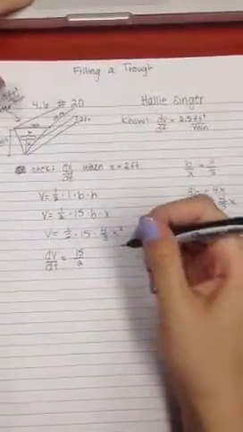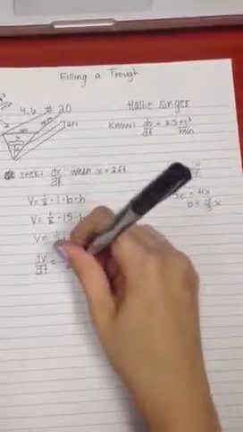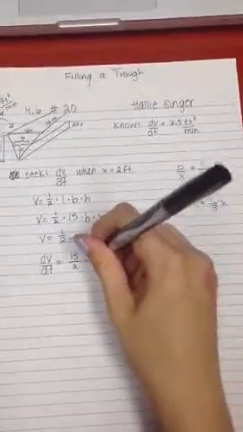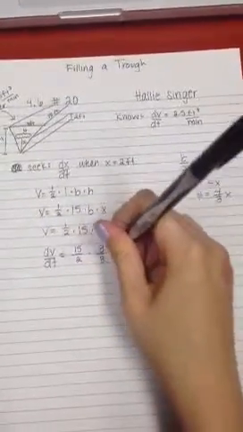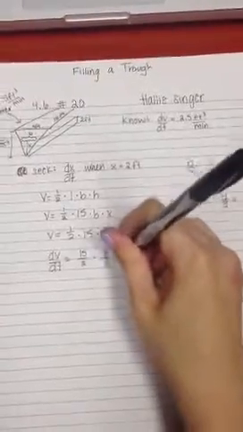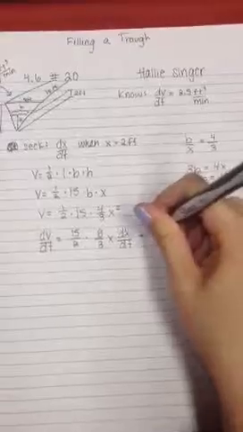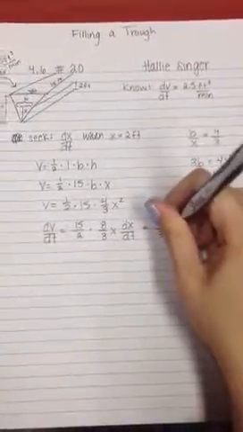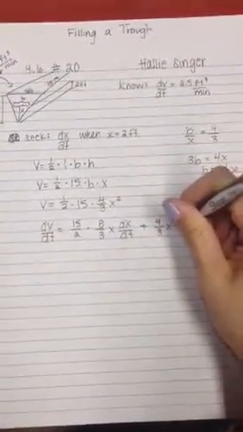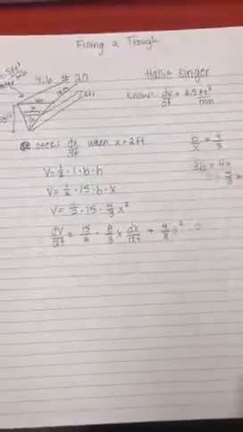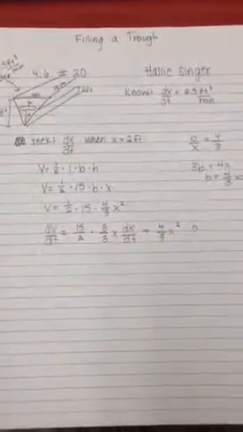So the first times the derivative of the second, so 4/3 times 2x dx/dt, plus the second times the derivative of the first, which is 0, because it's a number.